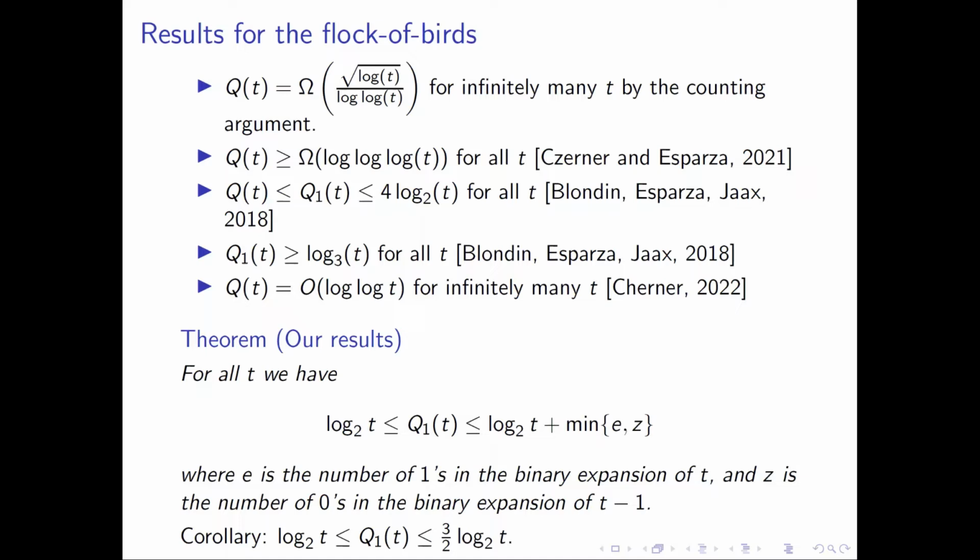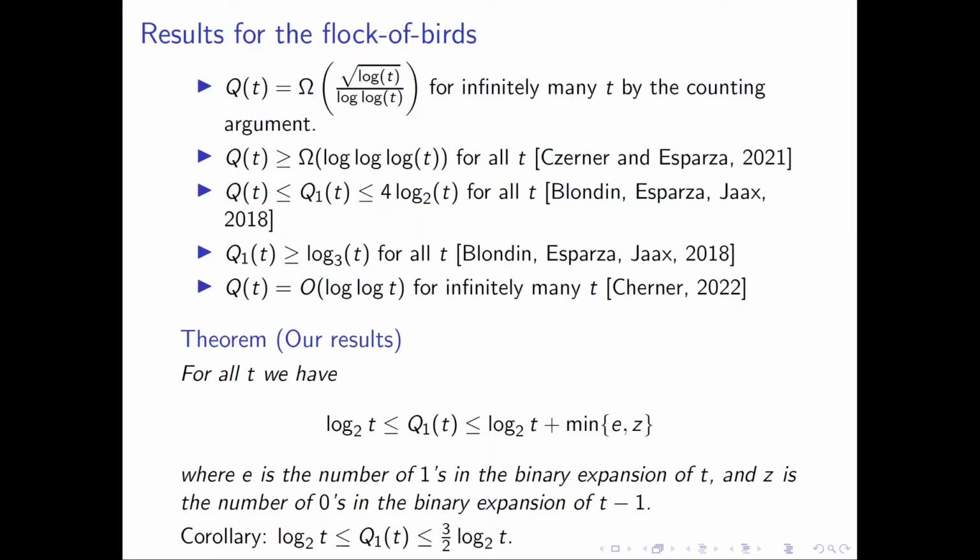And the corollary of this is in fact that the minimum of these 2 quantities is always at most the binary log of t over 2. Because E is at most the number of ones in the binary representation of t minus 1, plus 1. Because when you add 1, you can only at most add one in the binary expansion.